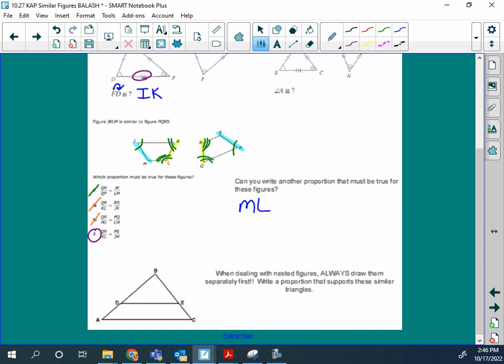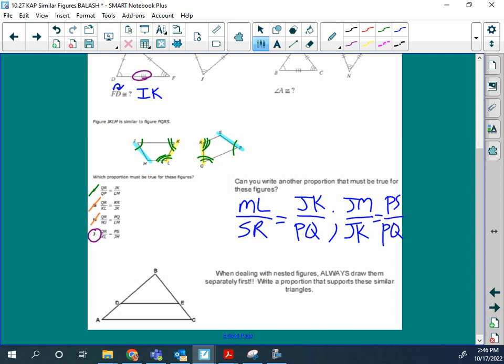I wrote ML over SR equals JK over PQ. I also wrote JM over JK equals PS over PQ. I wonder if any of you guys wrote any of the same thing that I did.